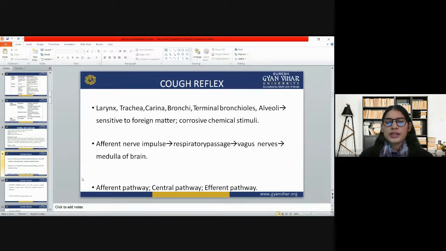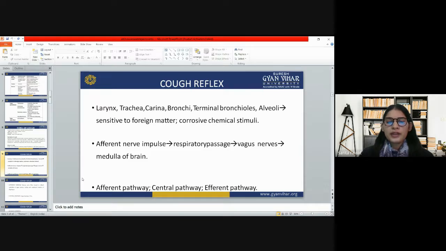Afferent nerve impulses are sent through the respiratory passages and the vagus nerve to the medulla of the brain. Whenever any foreign particles or chemical stimuli enter the respiratory system, our afferent nerve impulses start sending messages through the vagus nerve to the medulla in the brain.